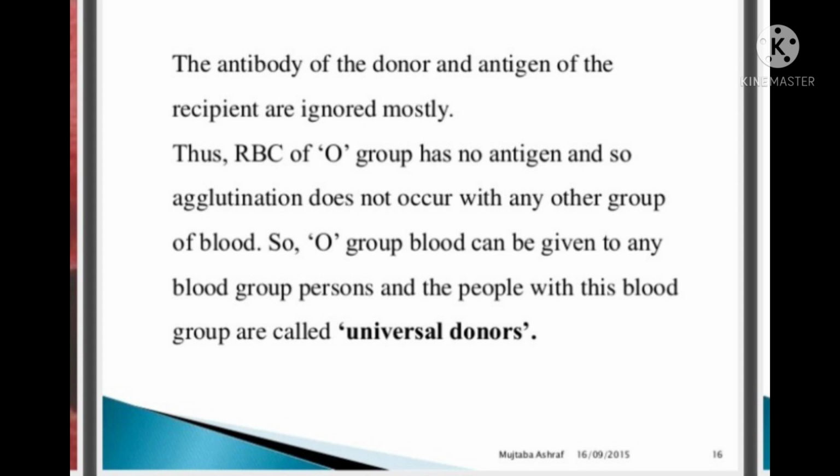Thus, RBCs of O group have no antigens, and so agglutination does not occur with any other group of blood. So, O group blood can be given to any blood group persons, and the people with this blood group are called universal donors.